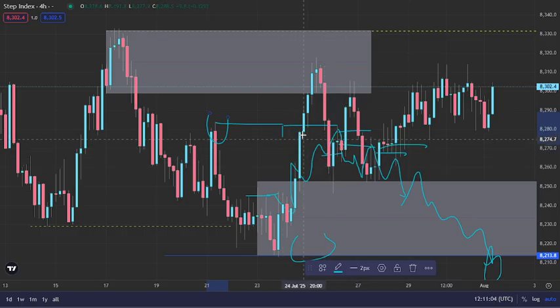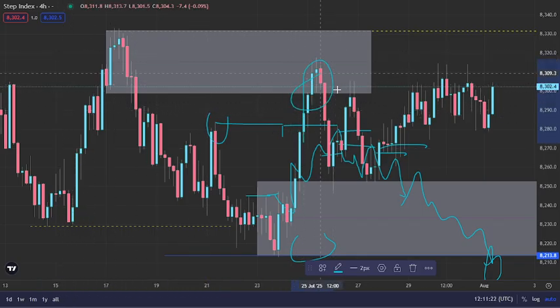Fine. This structure can get broken as it did here, but I'm digressing. As it did here, but it doesn't mean the internal structure is shifting. But it means the swing pullback is starting.